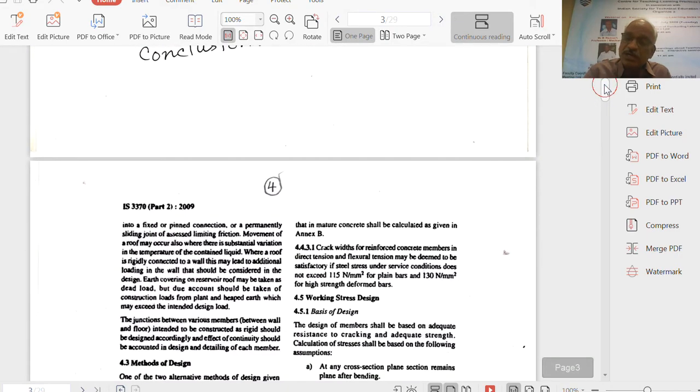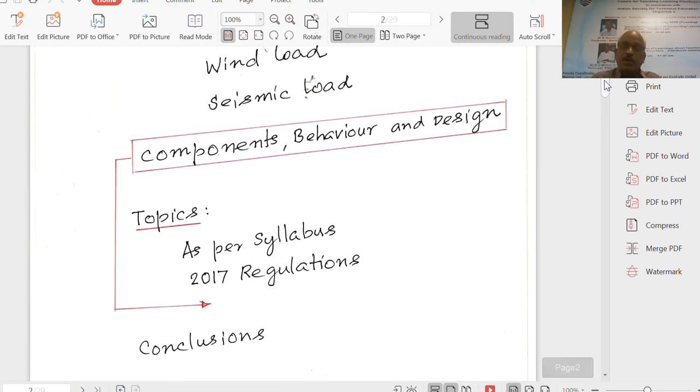Now coming to the components, it's a vast topic because all components of an underground tank, all components of a ground level tank and elevated tank, depending upon the shape, we have to design.